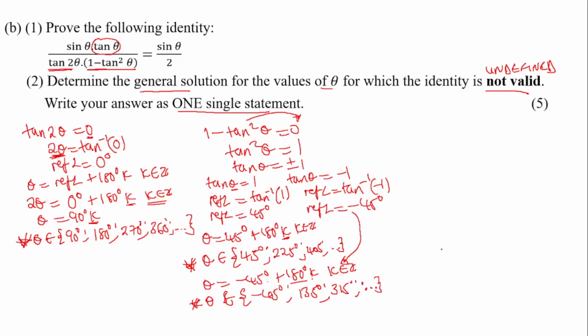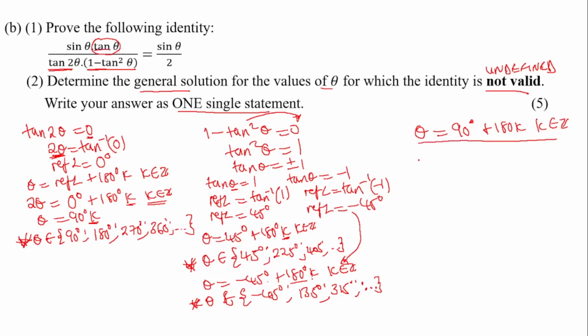And then the last one, we're going to consider the asymptotes. For asymptotes, remember, theta is equal to 90 degrees plus 180 times k, where k is an integer. Once you have tan theta, please remember this. Don't forget this part.